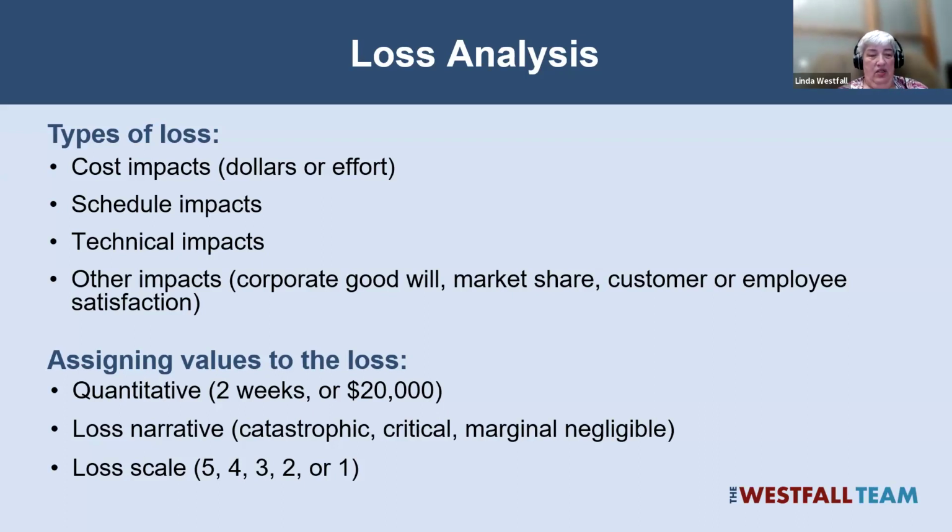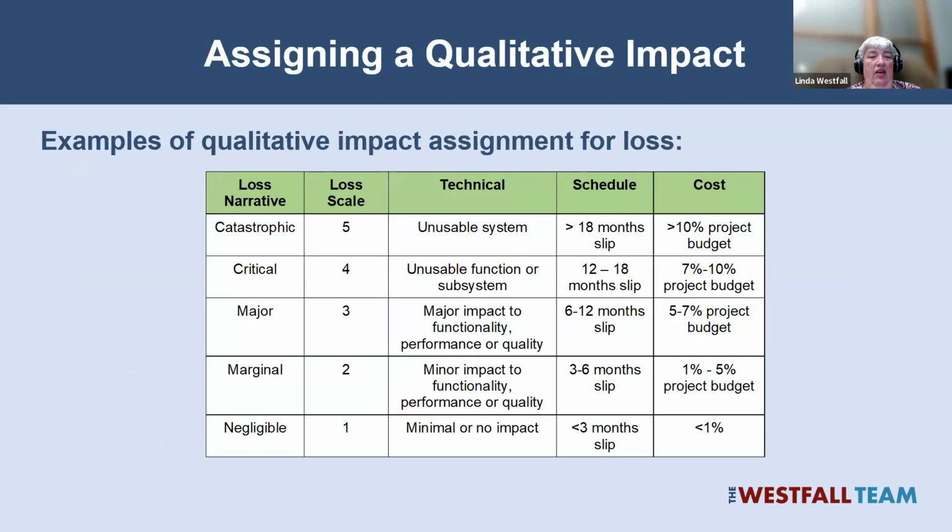And another thing you can do is actually use a table like this, assigning some kind of qualitative value. It's catastrophic if any of the following are true. If it creates an unusable system, or it's going to cause schedule to slip more than 18 months, or if it's going to cause the budget to shift by more than 10%, again, whatever your values are, you can look at these various factors.